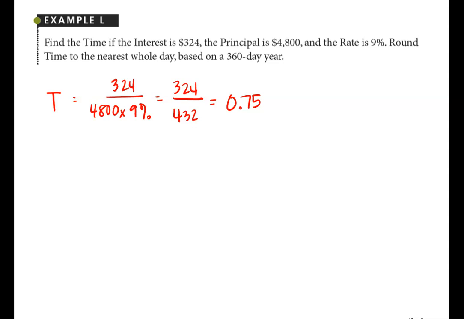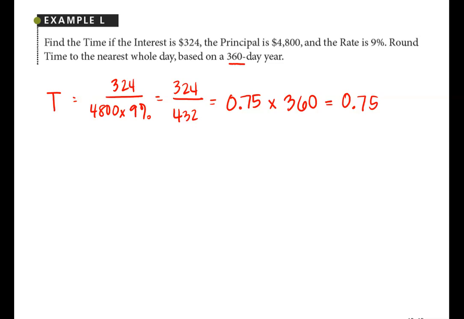But remember, we're finding time, and as I mentioned, time is expressed either in whole years or fractions of a year. We've never really had a time with a decimal.